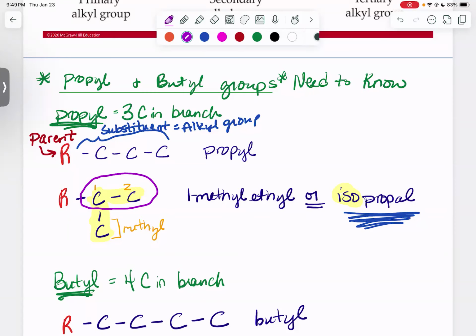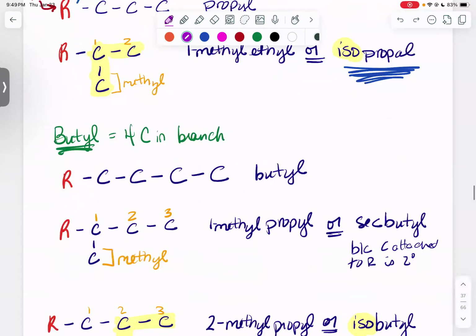There are 2 carbons in this longest continuous chain, so we call it ethyl, because it's still a substituent. But then coming off of carbon number 1 is this methyl group. So we call it 1-methyl ethyl, and then we would name the parent, but we're not showing you what the parent is now. So that's just 2 different ways to do it, but they're both correct. One's common, and the standard way to name compounds is the IUPAC way.